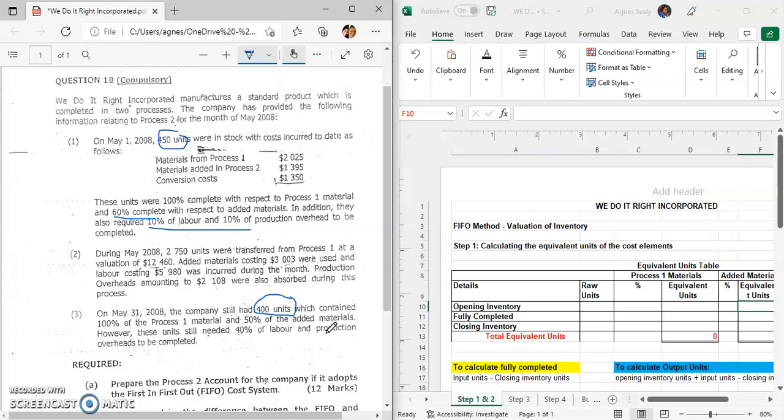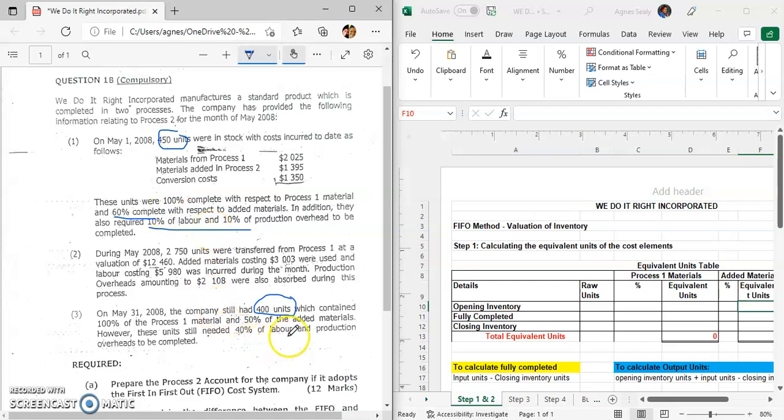We look at what has already been completed, the degree or percentage of completion with respect to materials, labor, and production overhead with these 400 units. So here at the beginning, the 450 units still need 40% of added material and still need 10% of labor and production overhead.